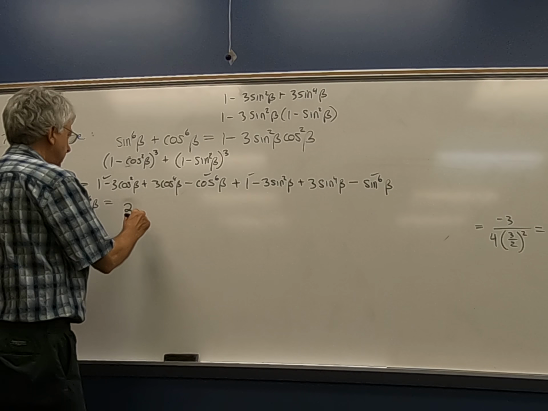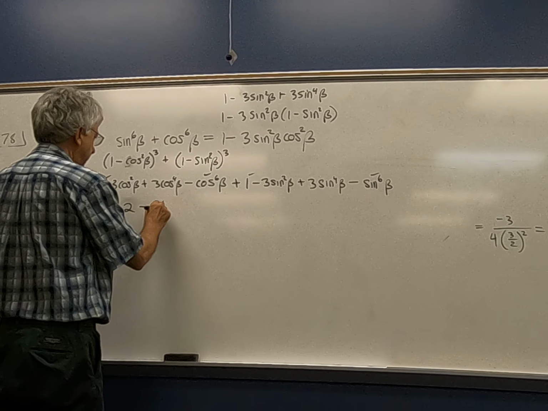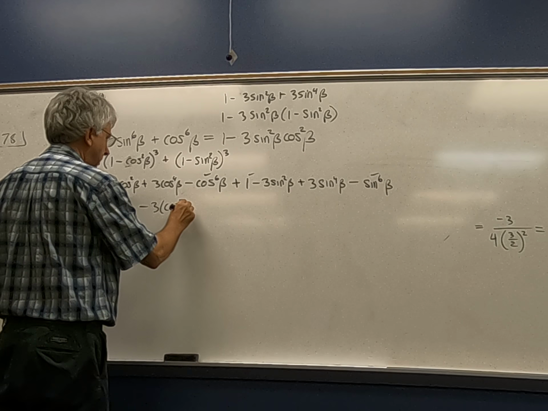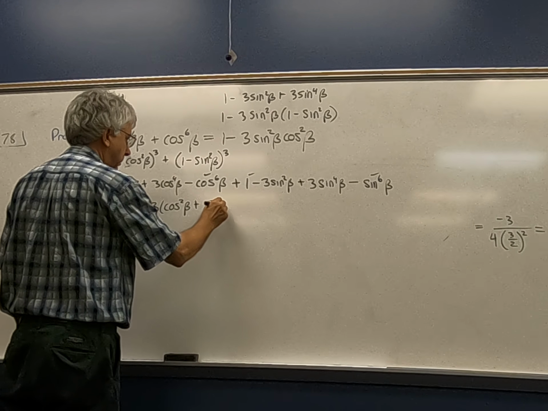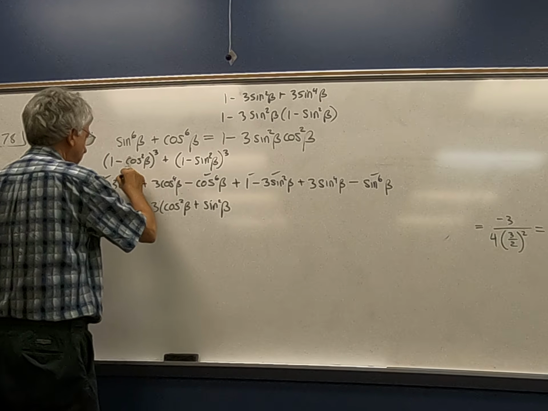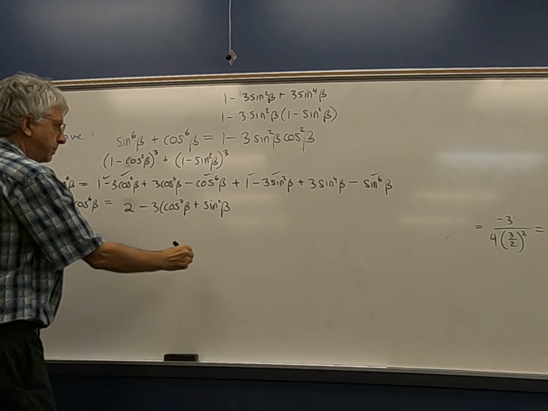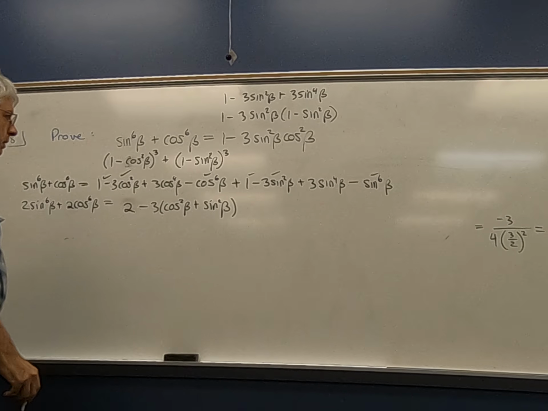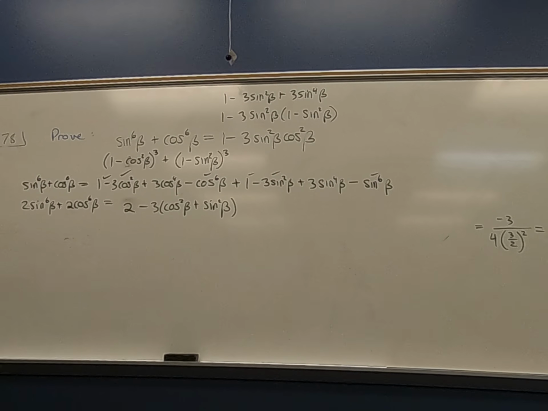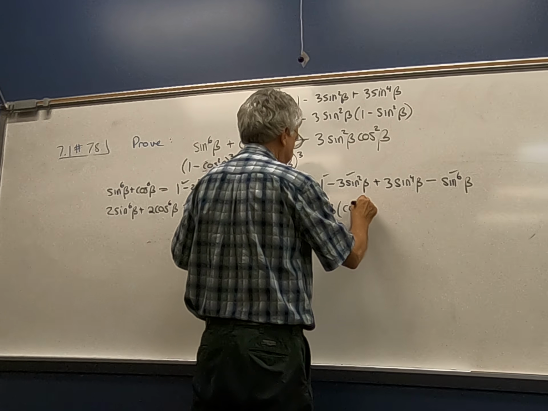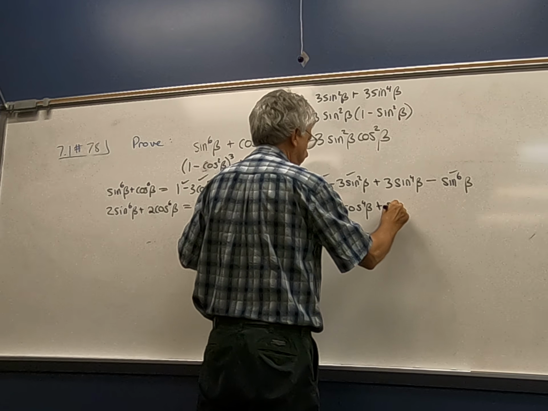So minus 3 times cosine squared beta plus sine squared beta. That takes care of this one and that one. Is that agreeable? It's true, isn't it? Okay, so then I'll use these, which I can factor out a 3 again: cosine to the 4th beta plus sine to the 4th beta.